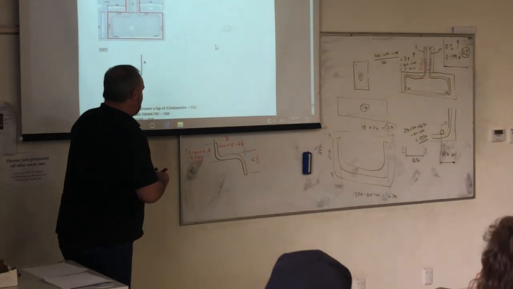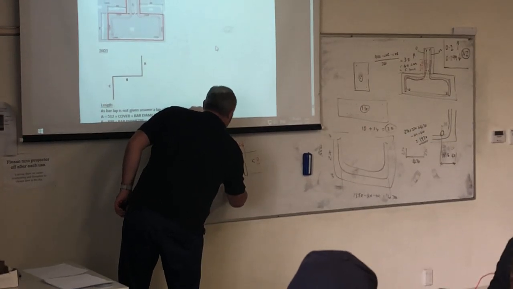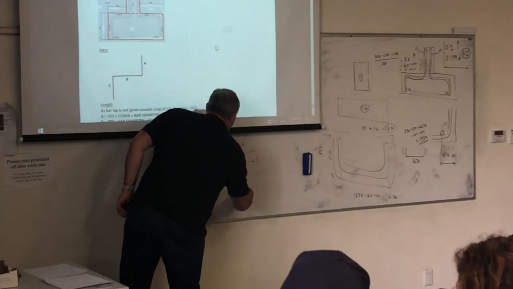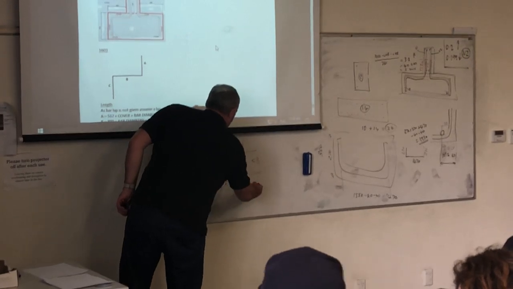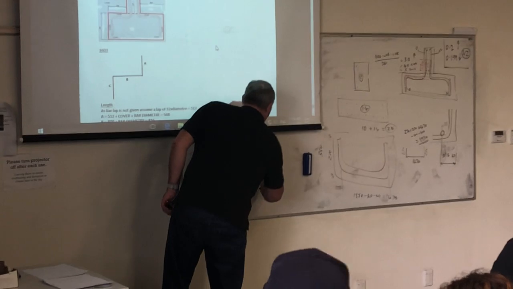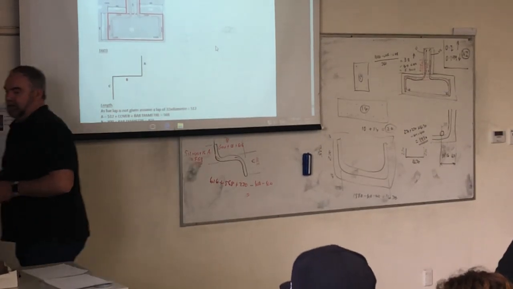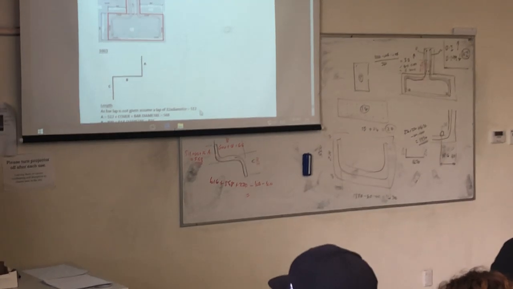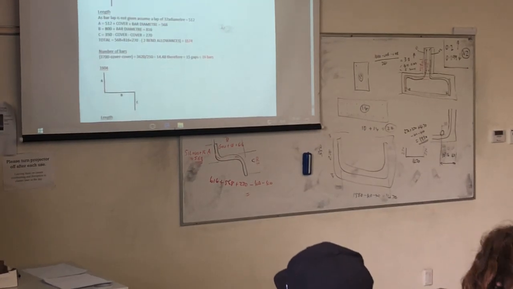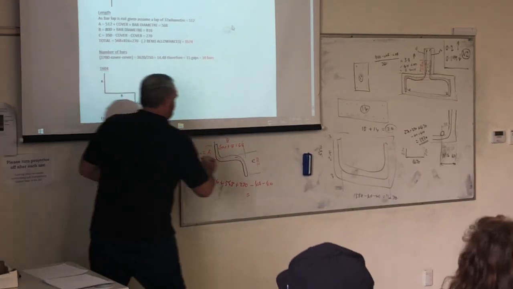So the maths behind this is 616 plus 568 plus 270 minus the bend allowance, which is minus 40, and the answer for that is 1574.